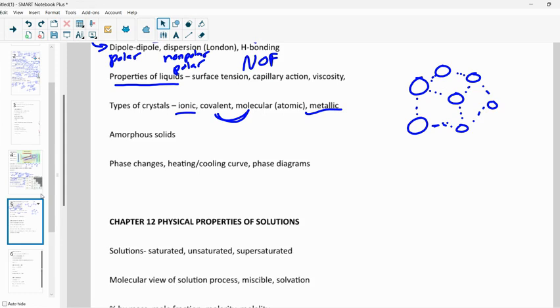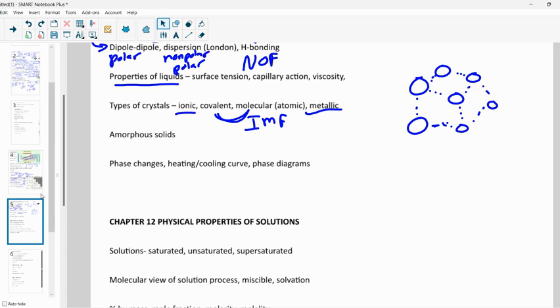In ionic, it's that electrostatic force, positive and negative attracting each other. In metallic, they're metallic bonds. In molecular, those are our IMFs. IMFs are generally considered weak, so we consider molecular crystals usually aren't very hard. They're usually softer, they usually have low melting points, low boiling points, because there's just weak attraction between those particles.